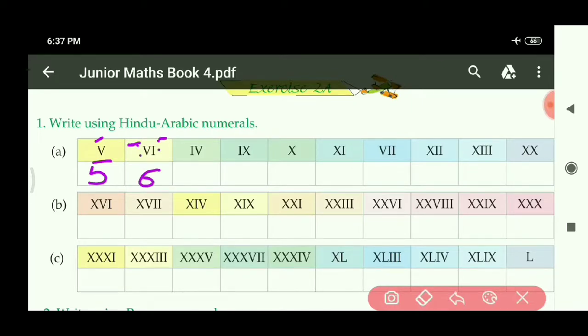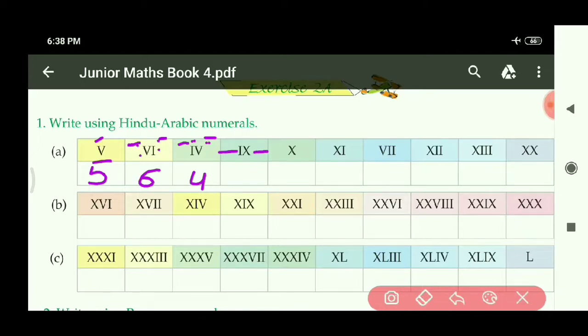Next, IV. It is opposite. Smaller is before and larger numeral after. So here will be minus. So larger numeral 5 minus 1 is equal to 4. IX. Here also the smaller numeral before and larger after.